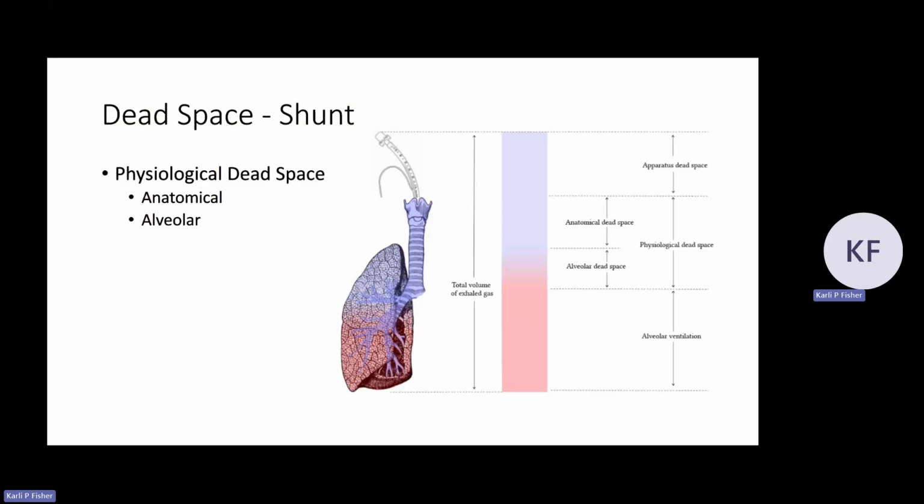So the trachea and the bronchioles themselves don't actually participate in the gas exchange. Those are referred to as anatomical dead space, meaning that they get air into them, but we're not doing any of that CO2 and O2 exchange.